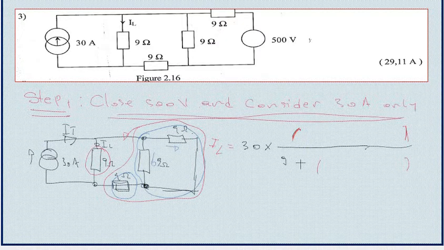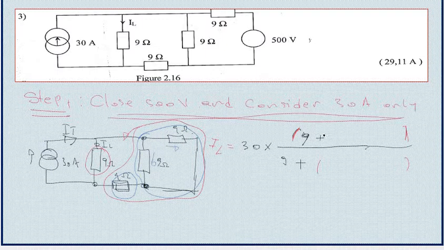So if I replace, since these two are in series, the equivalent resistance of these two will be the sum. So I'm going to have 9 ohm.